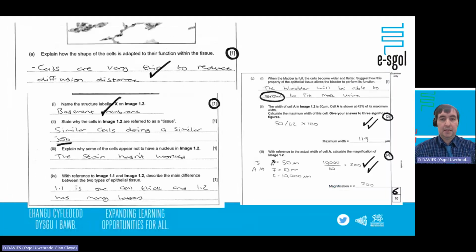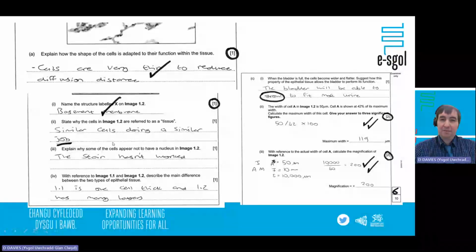And last of all, yet again, Johnny's obviously a very good mathematician, or he's watched this video before answering his questions. So there's two marks there, good, and shown his working out there, very good. Similar job, similar function. What is that function?